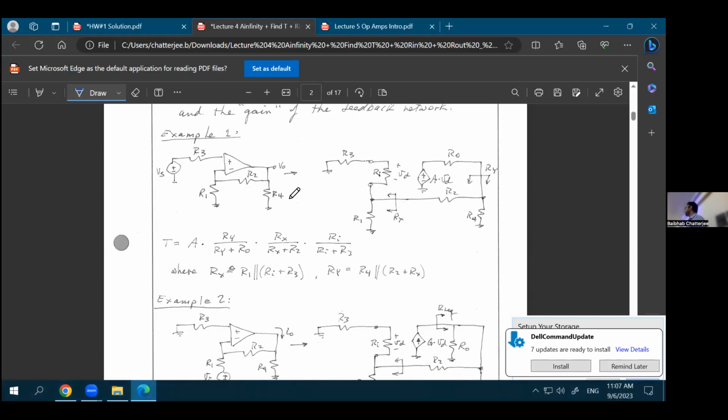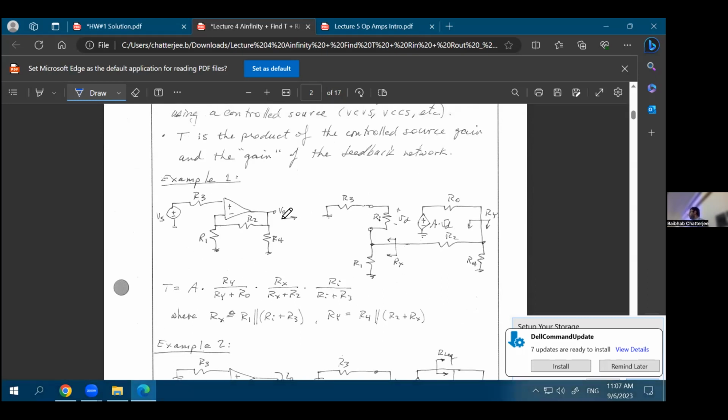So how did we solve it? We converted this circuit into the linear model of the op-amp, which you have learned already: you have the input impedance, you have the A times VD, and you also have the output resistance RO.